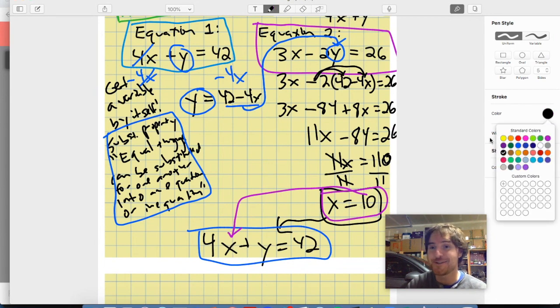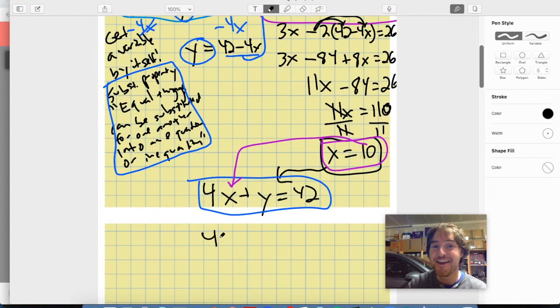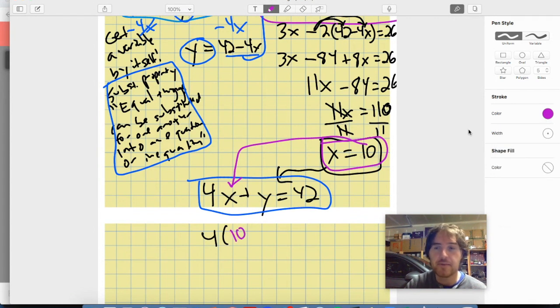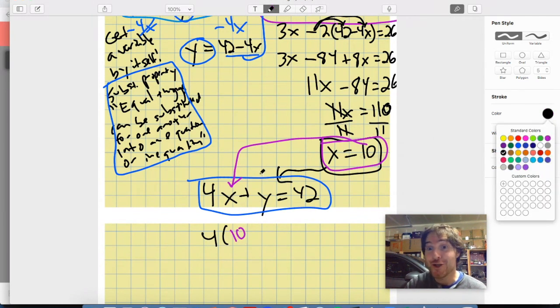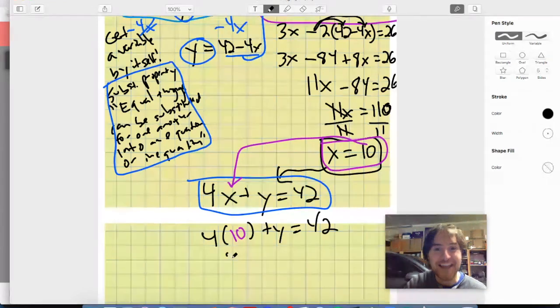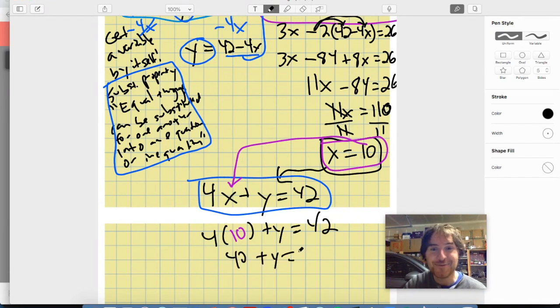You already did this in the last one, so I probably don't need to film this again, but regardless of which method you use to solve a system, you're going to have to plug into the other equation to solve for the other variable. So I'm doing the same exact thing. 4 times 10 is 40, plus y equals 42. Same thing we did before, y would equal 2, and we're good to go.